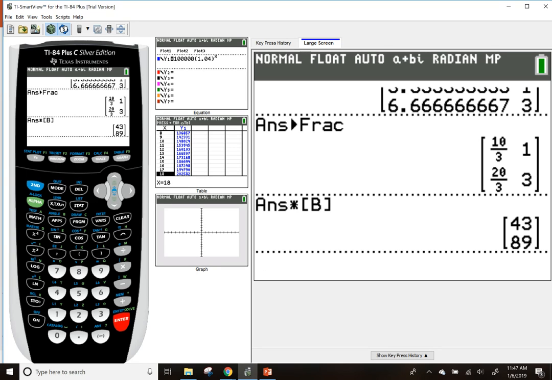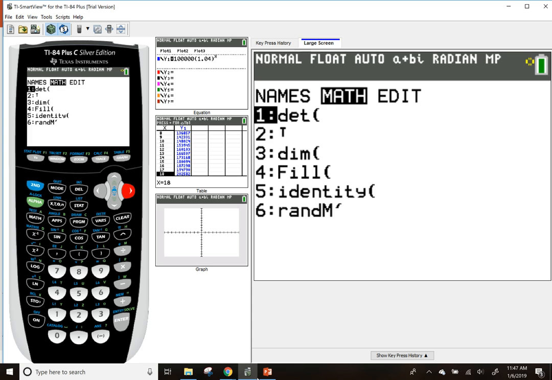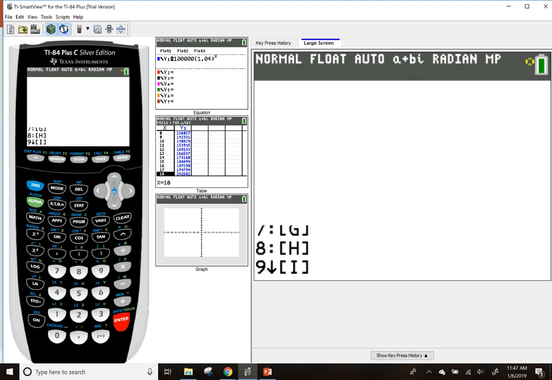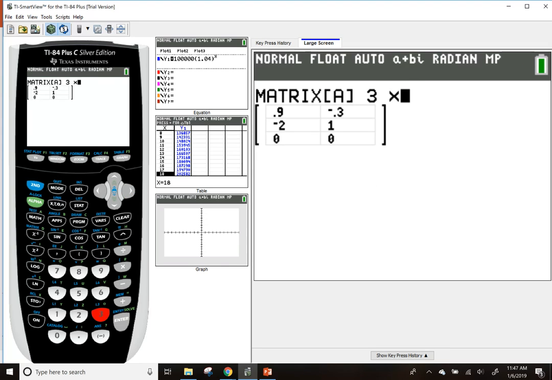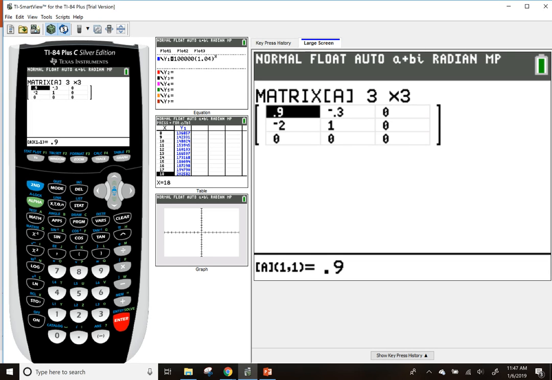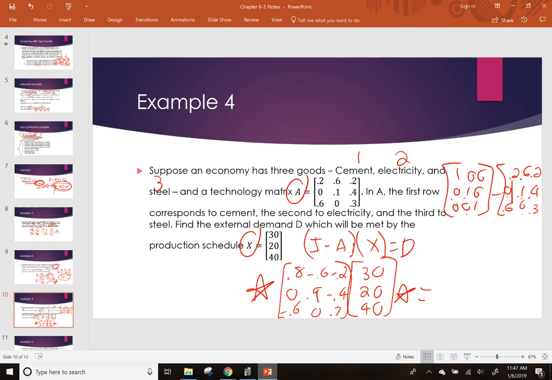So let's input these matrices in real quick. Go to second matrix, edit. I need a 3 by 3 matrix, so 3 by 3.